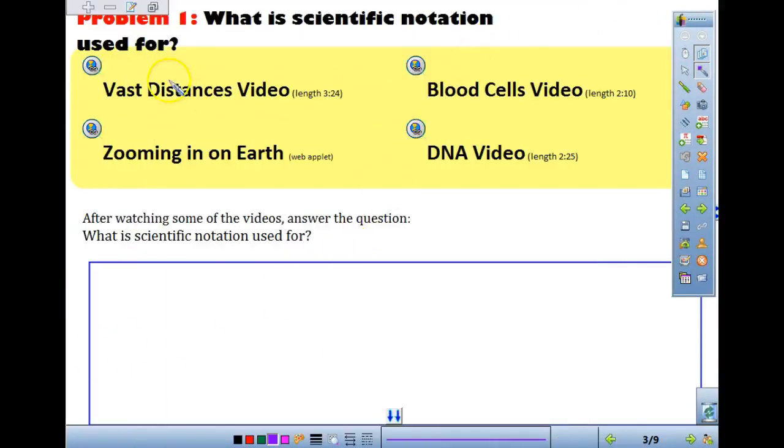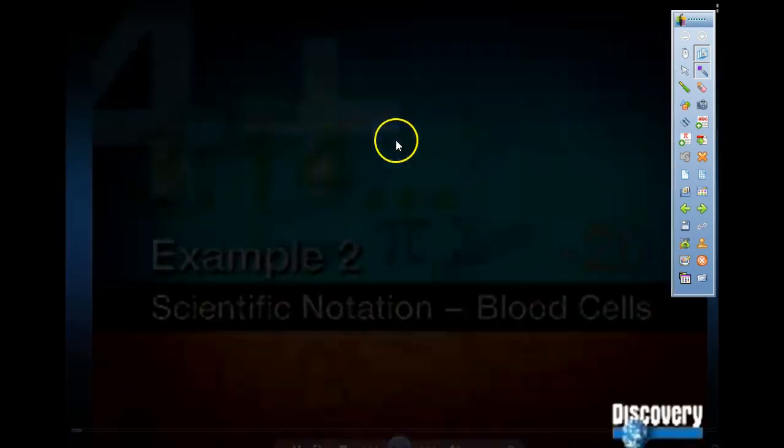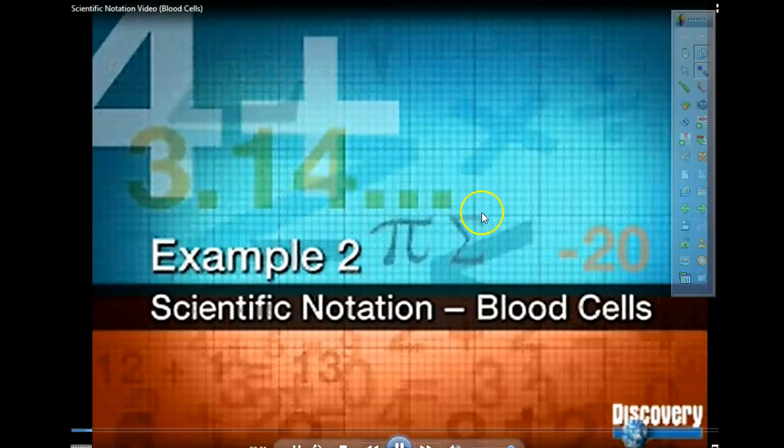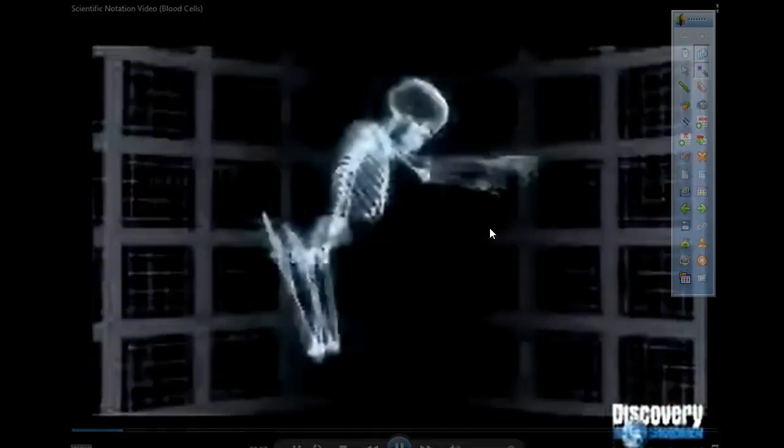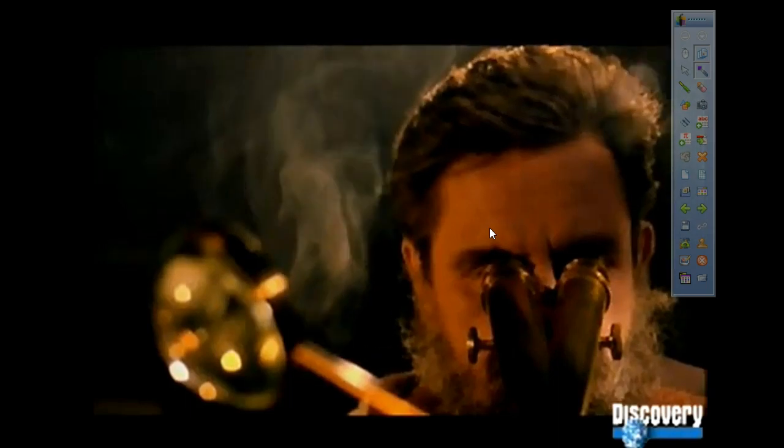So, that was our vast distance. When you look at this one with blood cells, they're showing us a way that scientific notation is used with really small numbers. The human body has fascinated ancient and modern scientists alike. Even though it's one large mass, our body's host to a multitude of microscopic cells.